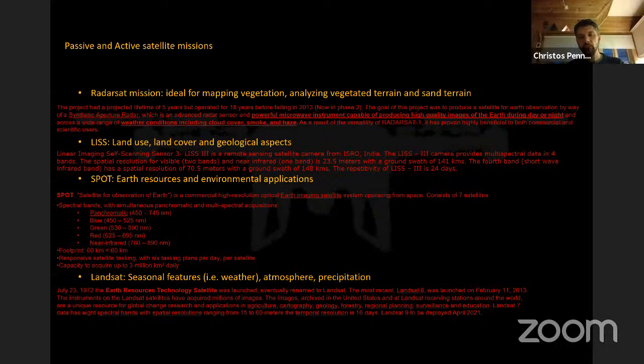And what is more important is that in April 2021, NASA is planning to launch Landsat 9. I guess these numbers, like the spatial resolution and the temporal resolution, will go even lower. And this is really important for anyone that wants to work with photogrammetry from satellites.